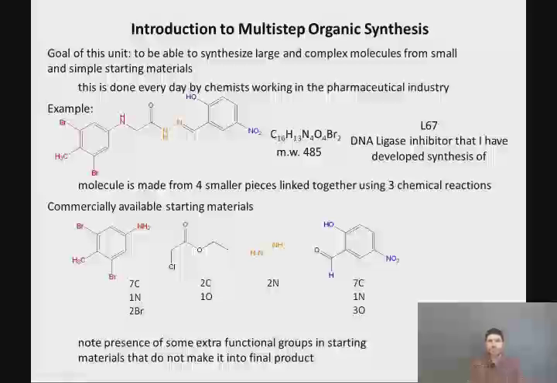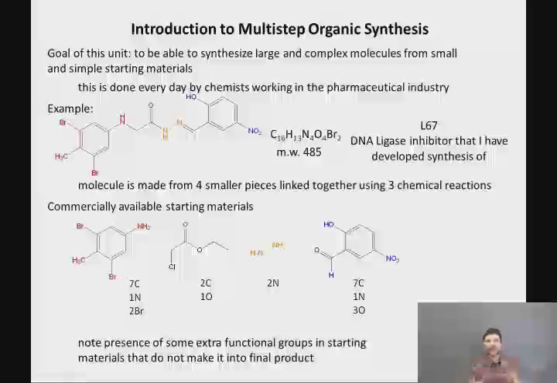They are in many cases serving as leaving groups, or at least in the mechanisms of these reactions, they either are or get converted into leaving groups. So we will come back and look at the synthesis of this molecule in a lot more detail in the next lesson. I just wanted to present it as an overview to motivate this entire topic.